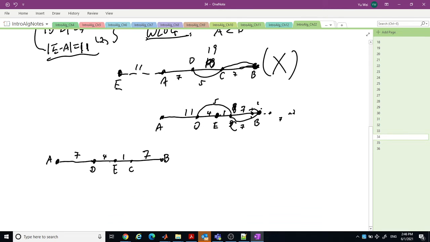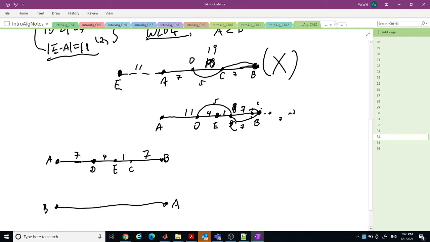So total is 15. Then you can see AE is 11 and this is 8. So this is one case, and we have the second possibility.